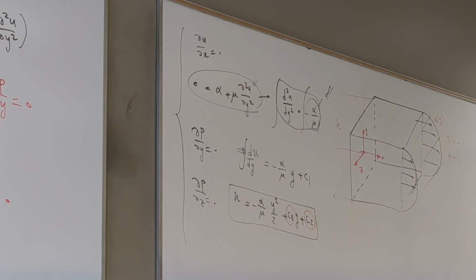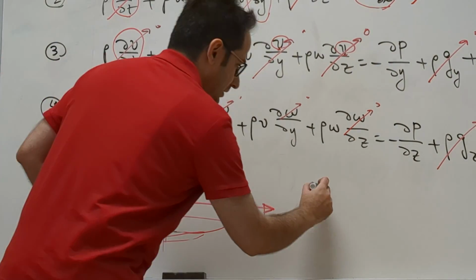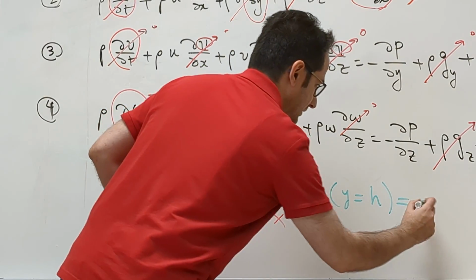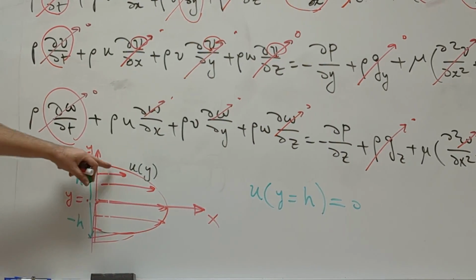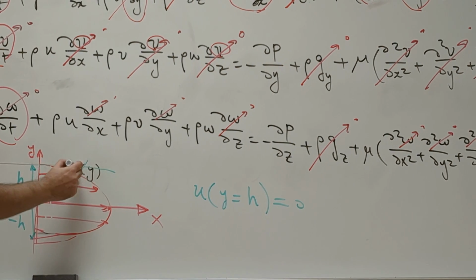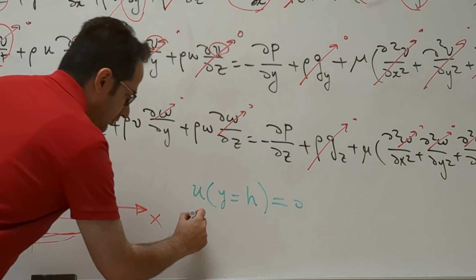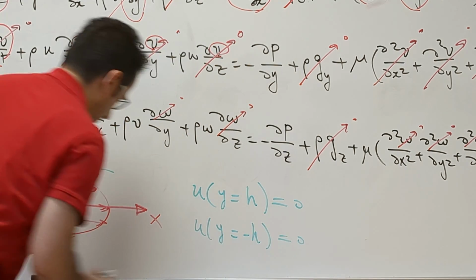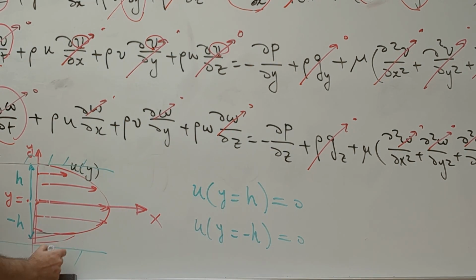From 0 to the bottom is negative h, because 0 is just in the center. So I can say u at y equal to positive h is 0. It's a wall, right? The velocity is 0. u at y equal to negative h is 0. There is another wall here.